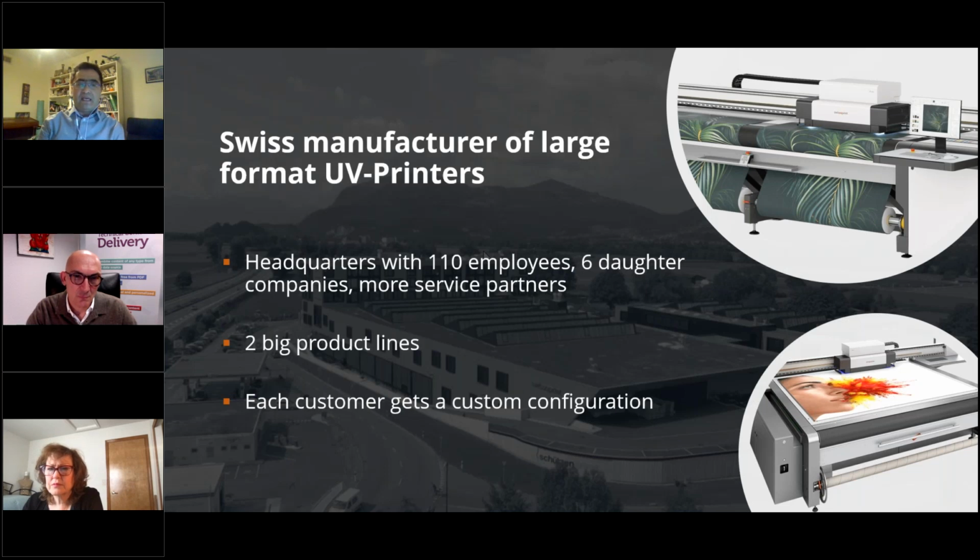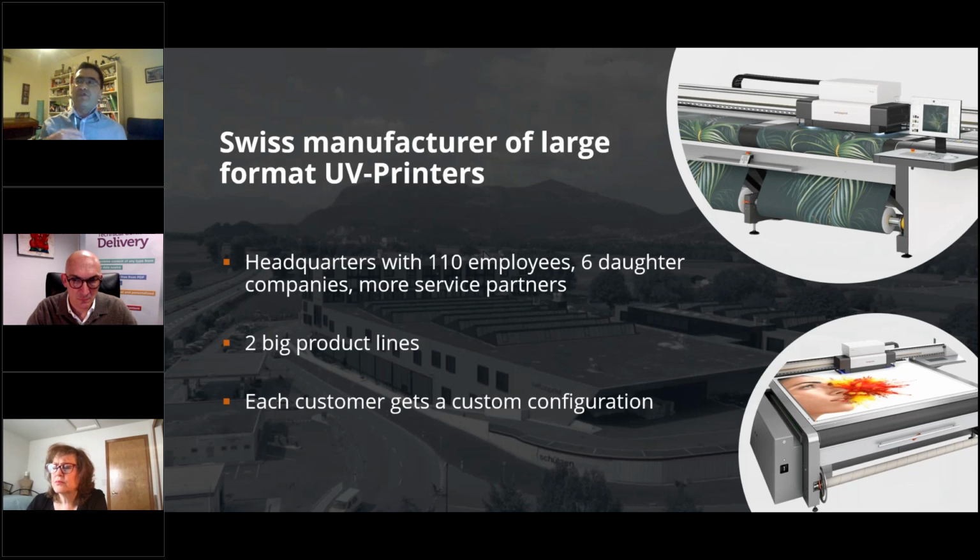So that is a customer based in Switzerland, and they are a producer of large industrial printers. Each printer is a large machine with a very complex configuration, with a very complex and expensive maintenance. And basically, when they sell their printers to customers, each customer gets their own custom configuration.